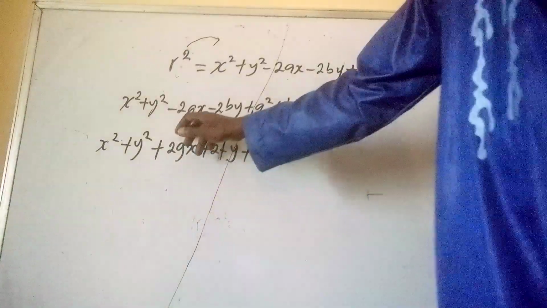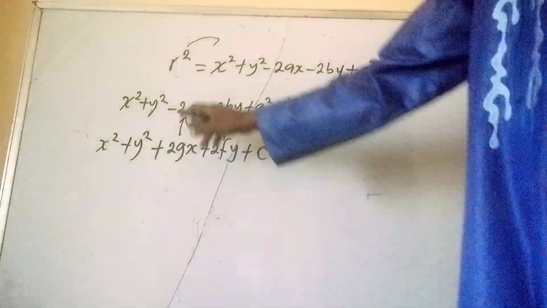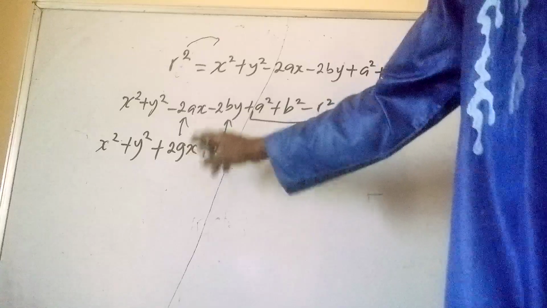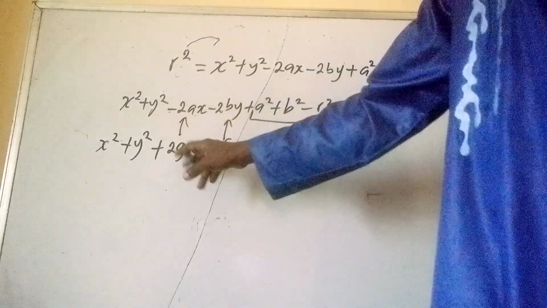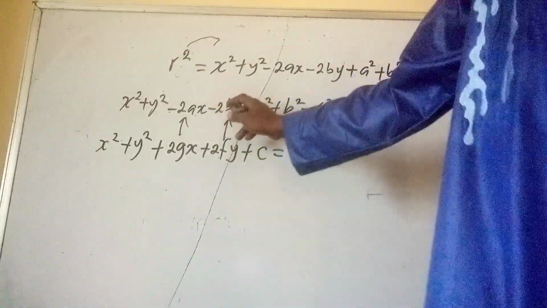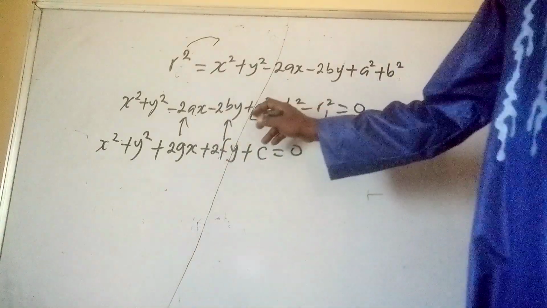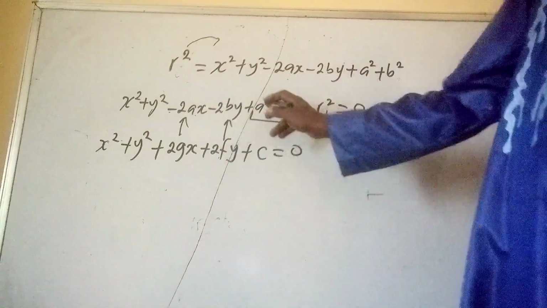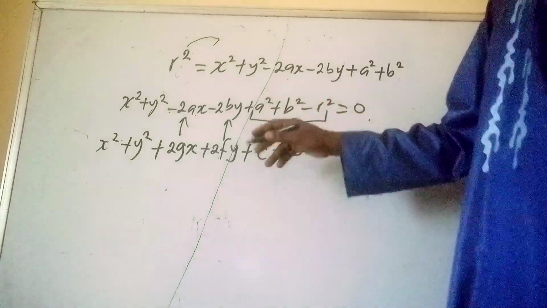If you compare this and this and this, you notice that this minus 2a is 2g. So this minus a has been turned to positive g. The same thing happens here. This minus b has been turned to positive f. Why? The whole of this constant, a squared plus b squared minus r squared, has been replaced with a letter c.